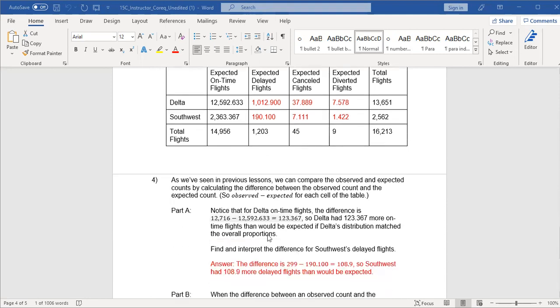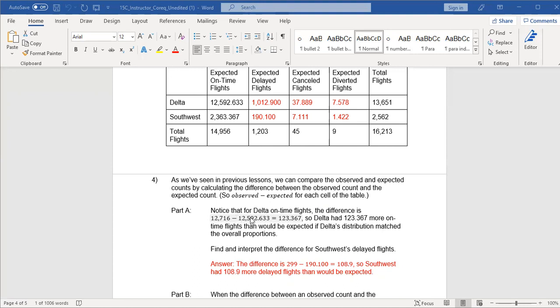So for number 4, as we have seen in the previous lesson, we can compare the observed and expected counts by calculating the difference between the observed count and the expected count. All the time we take observed minus expected to compare these two counts, so we will do observed minus expected for each cell.